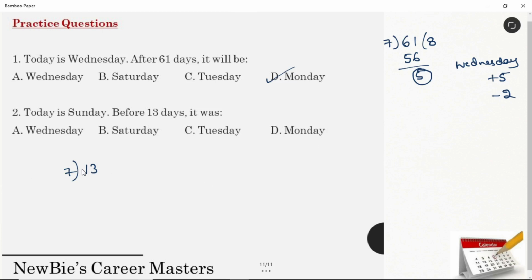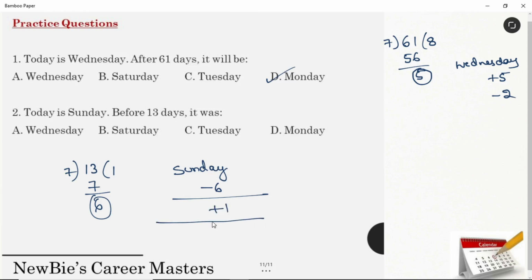Okay. 13 divided by 7, 7 ones are 7, then the remainder is 6. After getting the remainder as 6, from Sunday, just go back 6 days to get the answer. If not this, what is the shortcut? Rather than going back 6 days, just go forward 1 day. You will get the same answer. Then the final answer is Monday.